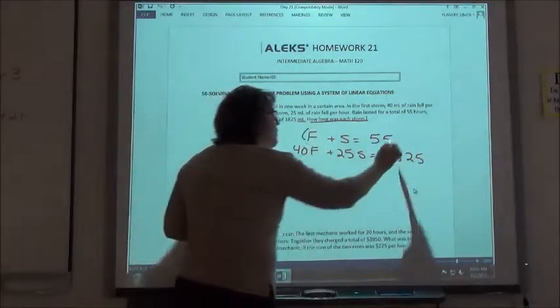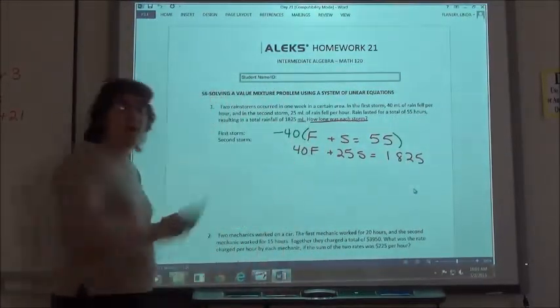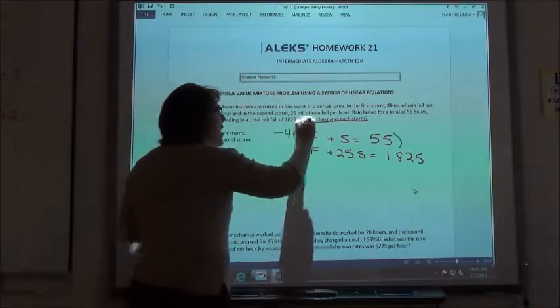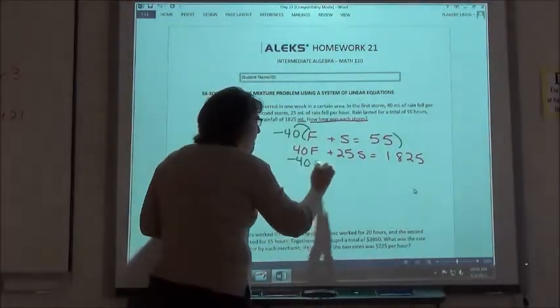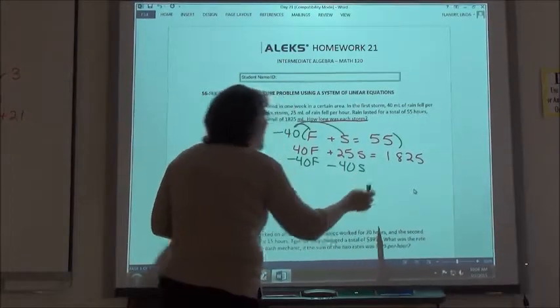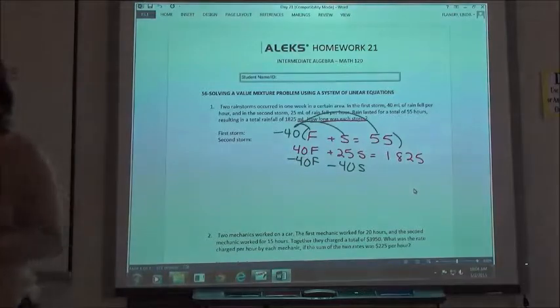So I'm going to multiply everything in that top equation by negative 40 so that I have opposites in front of my f's. So using my distributive property, I'm going to have negative 40f, negative 40s, and then I'm going to make sure I take that negative 40 times the 55 on the end.